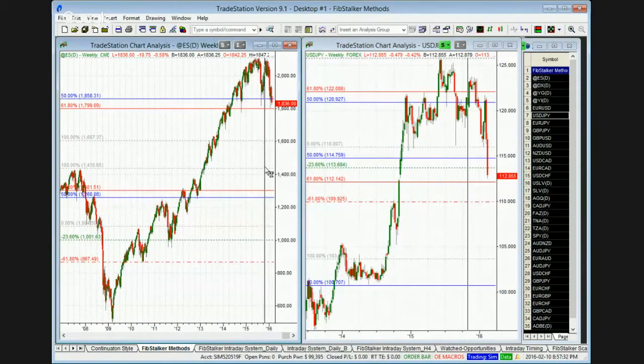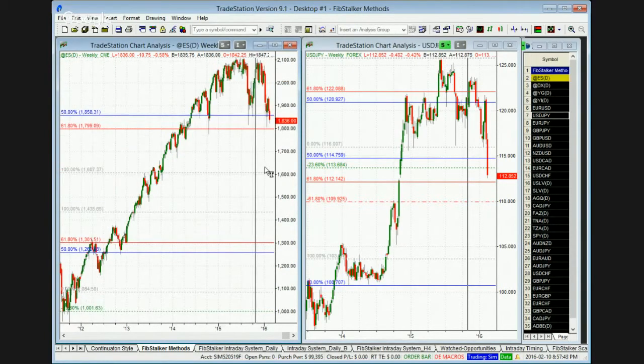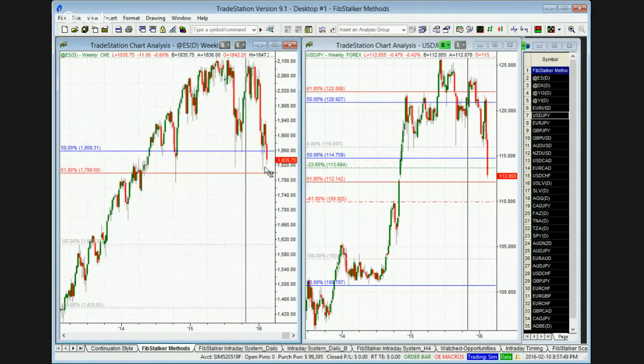I believe that if we lose 1800 in stocks, we also lose 112. And this is going to offer us an opportunity in forex: short US dollar Japanese yen and short SP 500. Even if we are wrong on one of these two markets, we always have the US dollar Canadian dollar, which is the next market that we have reviewed there.